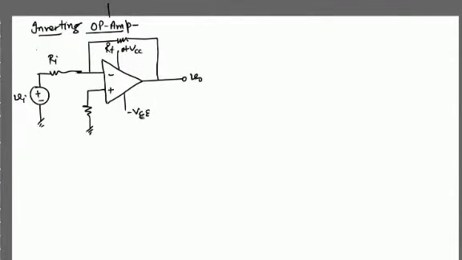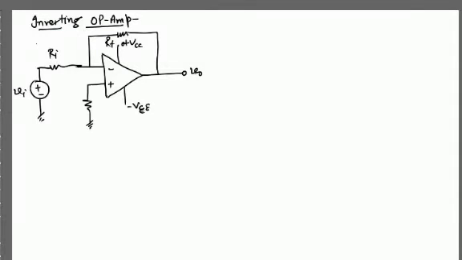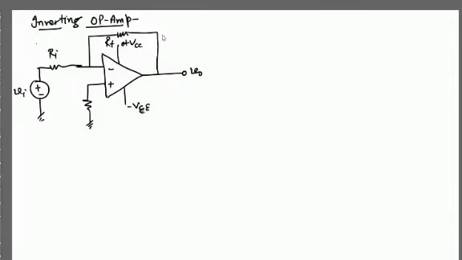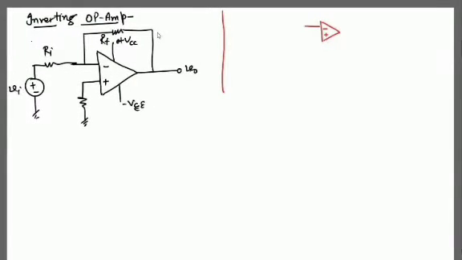Let me explain something about feedback. Here, this is plus VCC, and this is minus VEE, with V1, V2, and V0. This is an open loop op-amp.